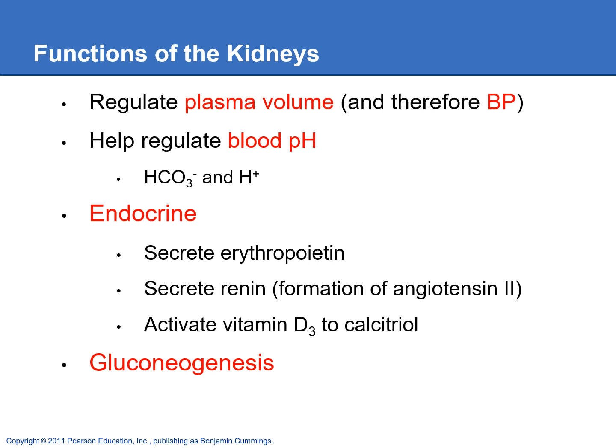And remember that vitamin D3 will tell the intestines to absorb more calcium from your food and increase blood calcium levels. The kidneys do a little bit of gluconeogenesis, but most of it's going to be done by the liver. Remember, gluconeogenesis is when you make new glucose from things that are not carbohydrates.